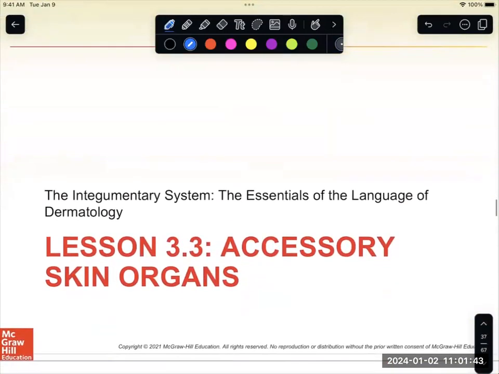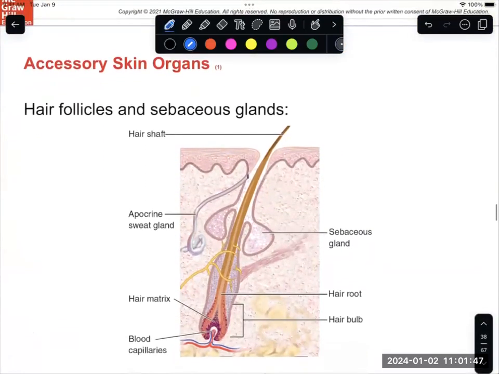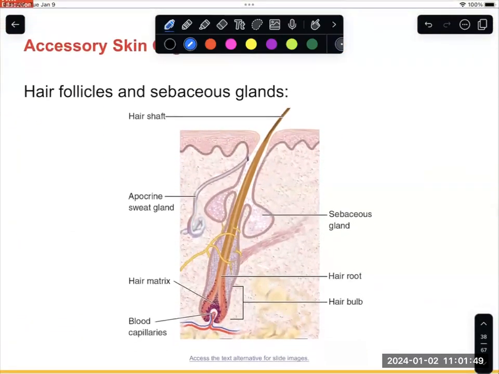Okay, let's go into the accessory organs of the skin. I mentioned those hair follicles. So here we're going directly into those hair follicles and sebaceous glands. Those sebaceous glands secrete this oily sebum. As seen here, these sebaceous glands.